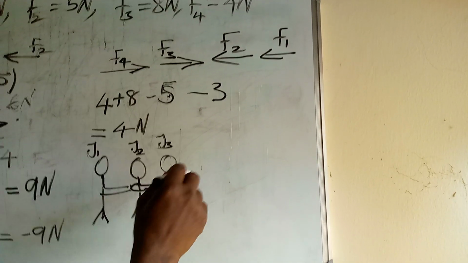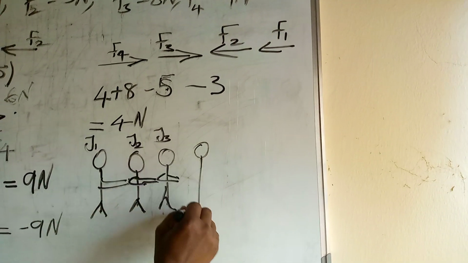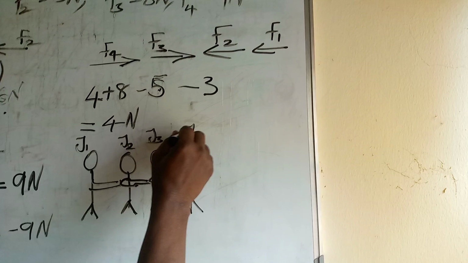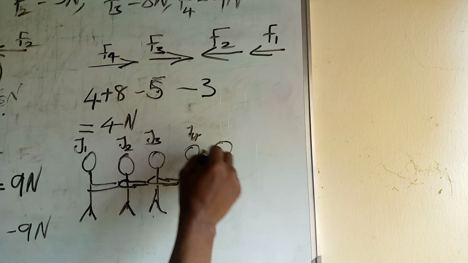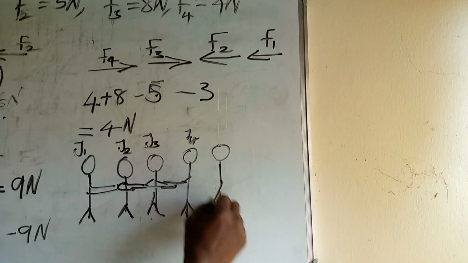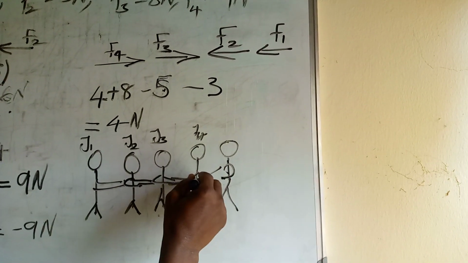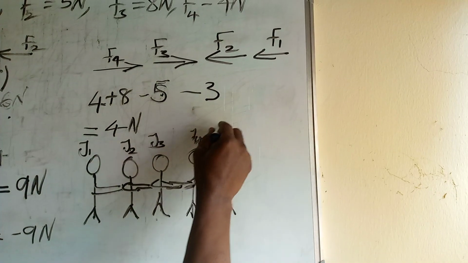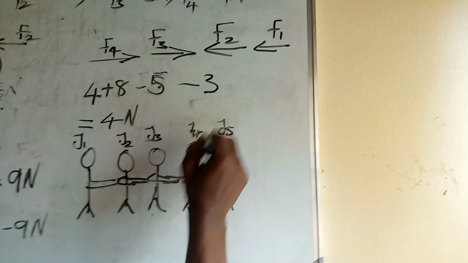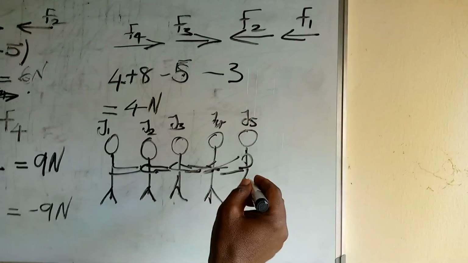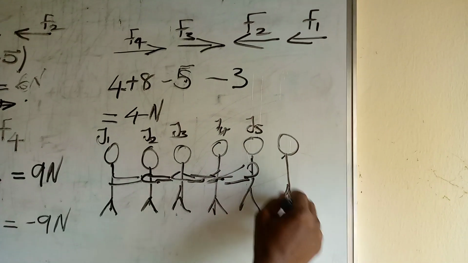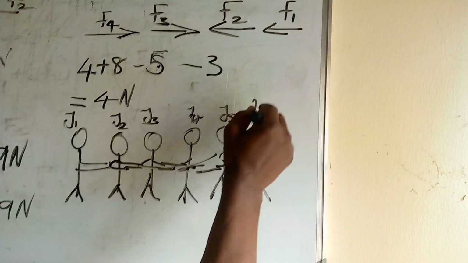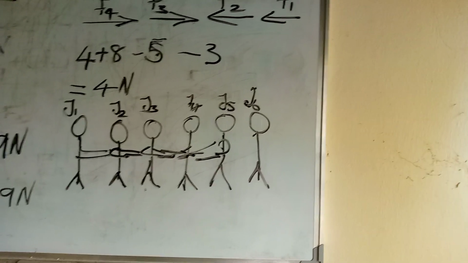They are pulling J4. It's a tug of war. J5 is helping J4. Then J6 is also helping J5 and J4.